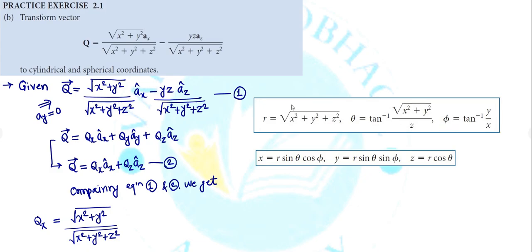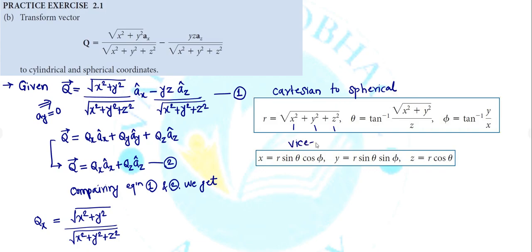So what exactly is this? If we have the coordinate system in its Cartesian form, where we have the values of x, y and z, then you can convert that Cartesian system into a spherical one. And this is the vice versa.